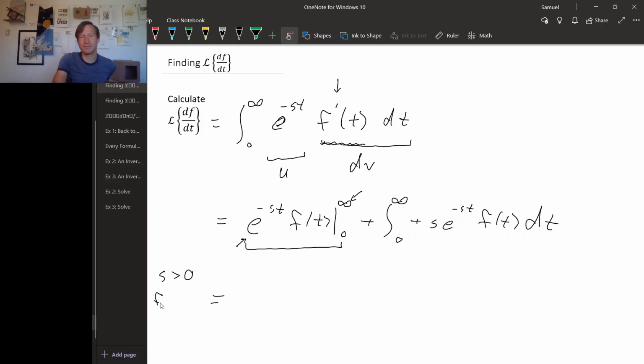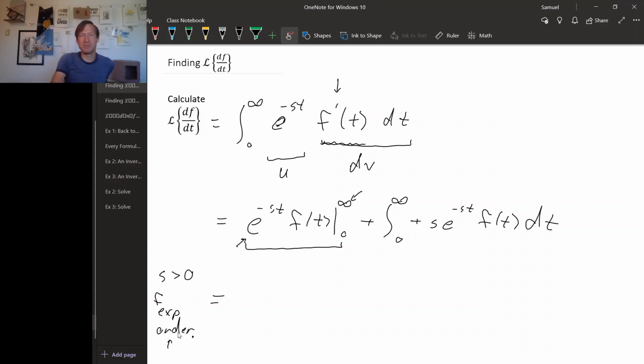Which is not usually an onerous requirement, because first of all, most functions that we're going to be taking the Laplace transform of in applications are of exponential order. Frequently, they're bounded or polynomial. All of those kinds of functions are of exponential order. So this is a pretty modest requirement here.